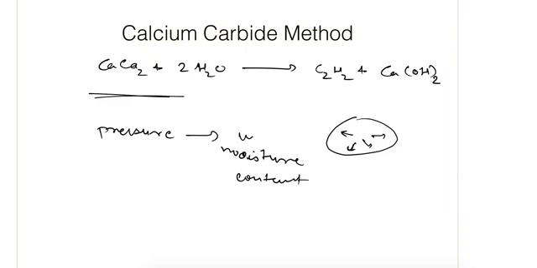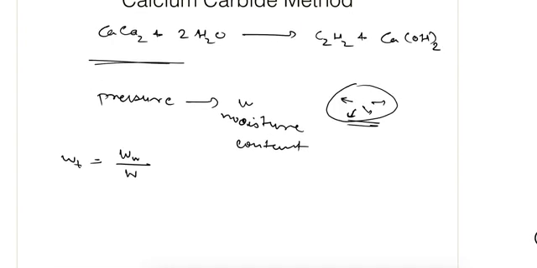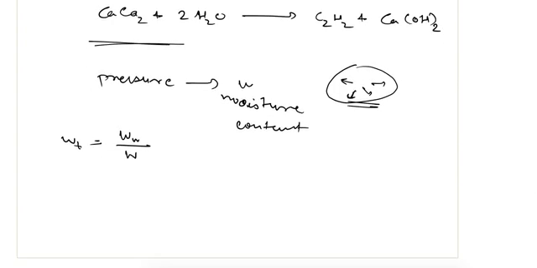This moisture content will be with respect to the total mass. That is, this is bulk moisture content, it will be weight of water to the total weight. And if we want to calculate the actual moisture content, we can get it from this weight of water plus weight of solids.